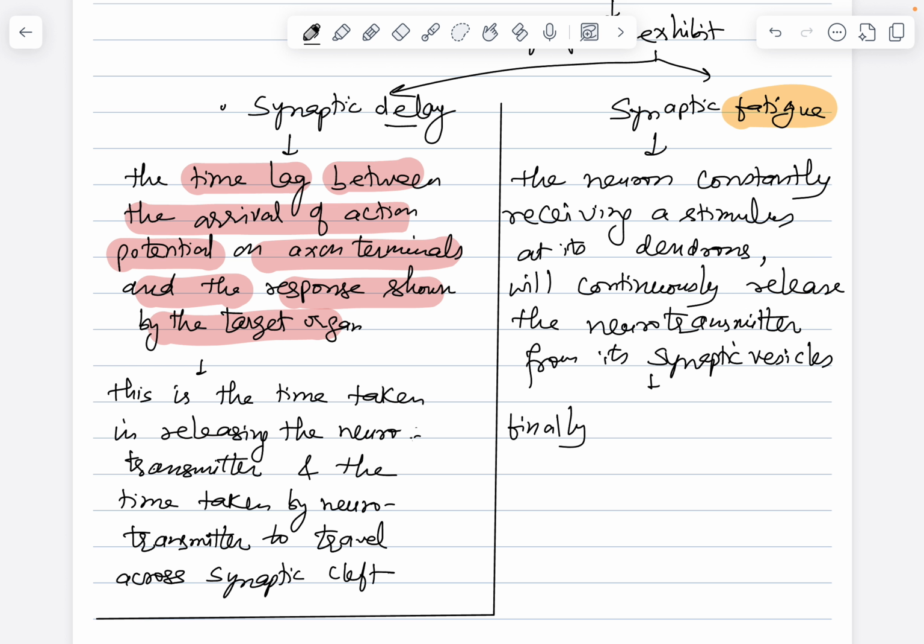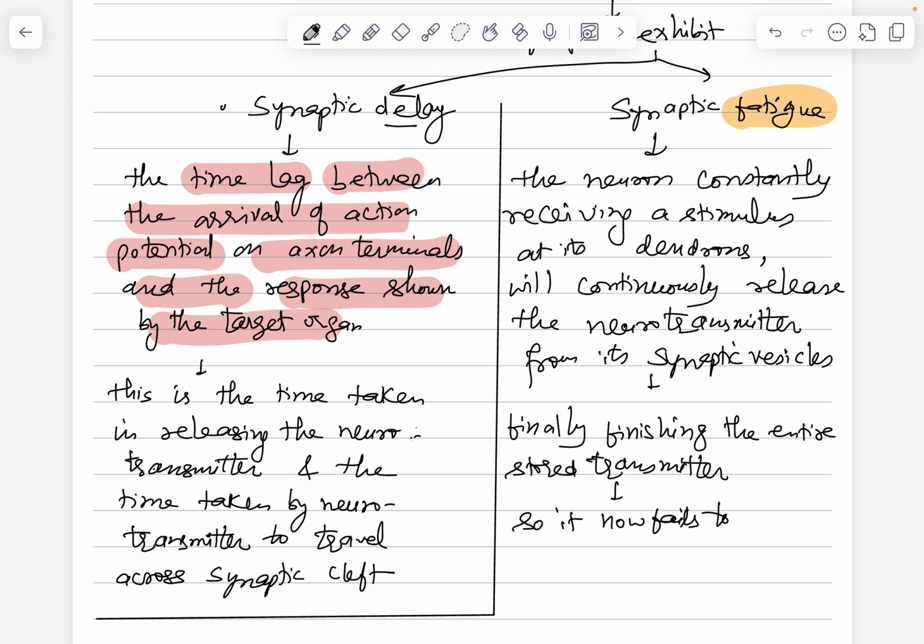Finally, finishing the entire stored neurotransmitter. So, it now fails to send any information to the target organ.